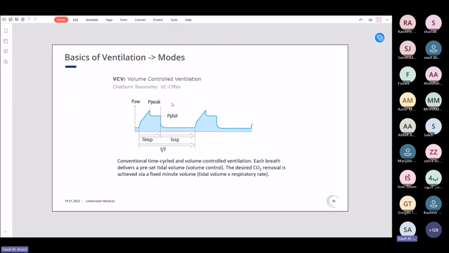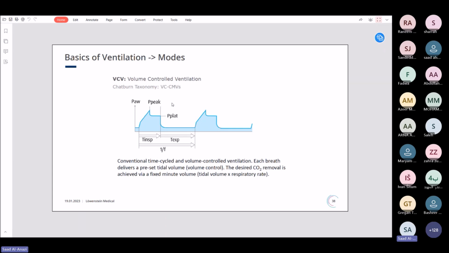Starting with the modes, as we mentioned before, we have 28 modes, so you can select what you like. For example, we have a volume control mode. It's a really clear mode for every end user, for the RT, for the doctors, for the nurse. Volume control mode is similar to the CMV mode.